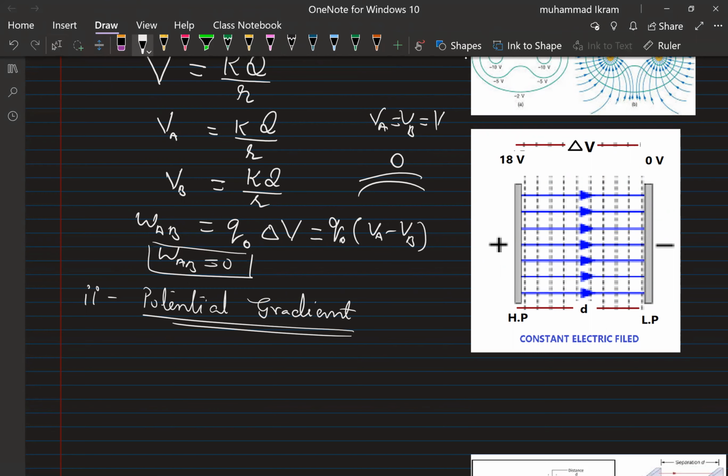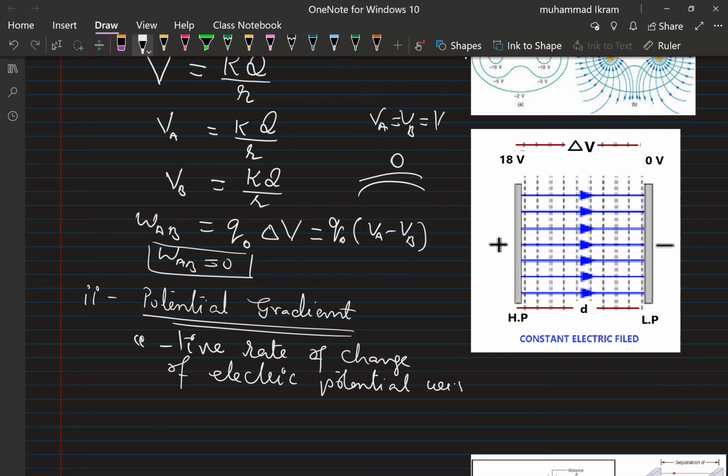That is the negative rate of change of electric potential with respect to displacement or position vector. It is called the potential gradient.